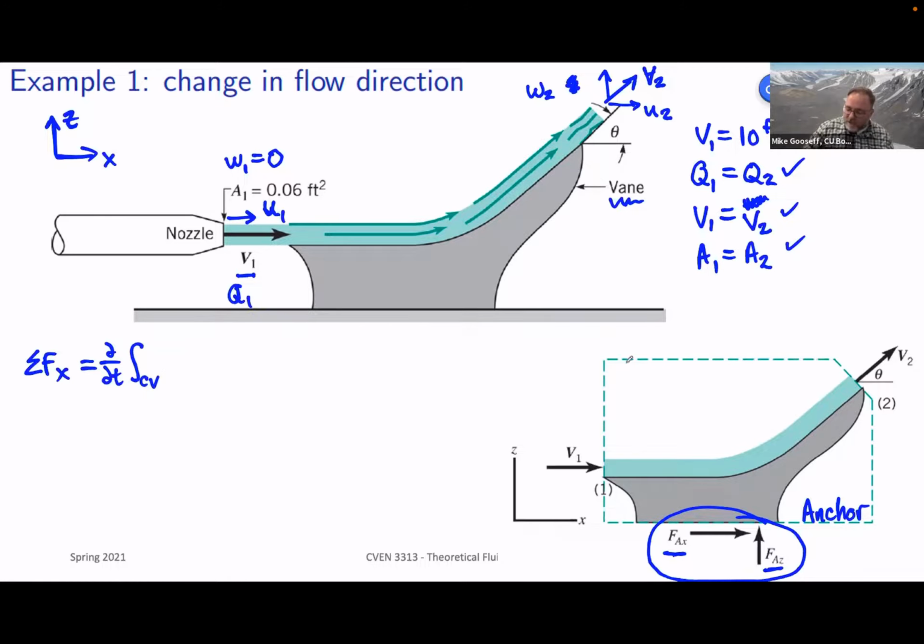So note how the control volume has been drawn here. We have an input at point number 1, and output at point number 2. And we have our orthogonal V vectors shown here, V1 and V2.